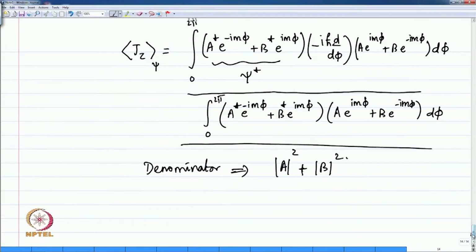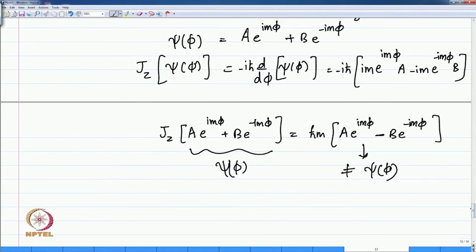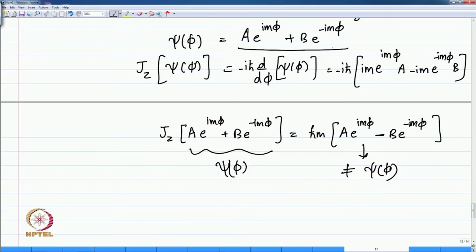Is this state an eigenstate of the energy operator, this linear combination? Of course it is. Please remember, the energy operator has d square by d phi square, the second derivative operator. The minus m which comes in when you operate the derivative on this function once is cancelled, it becomes plus m square. Therefore, you get the energy.